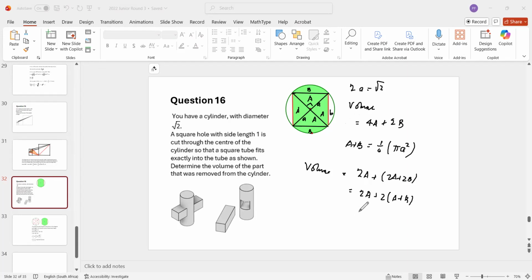So the area of the square is twice a, which is half b squared. The area is side squared. And this is 2 times a plus b, which we saw was a quarter. So 2 times quarter is pi a squared.